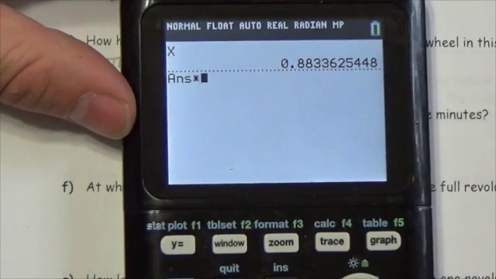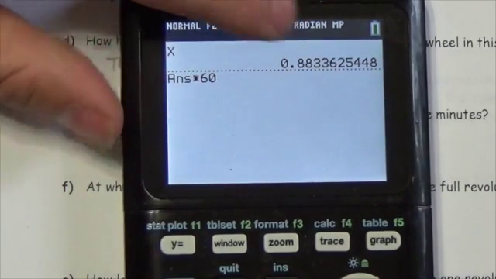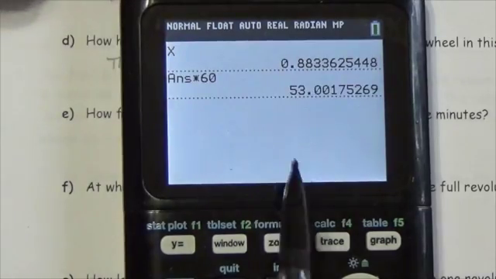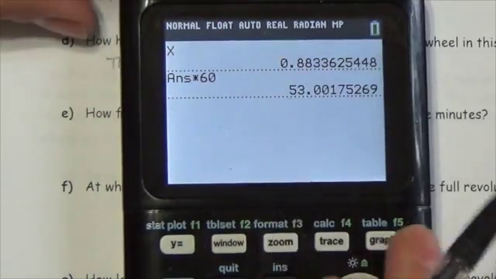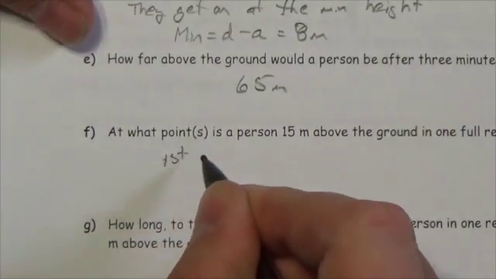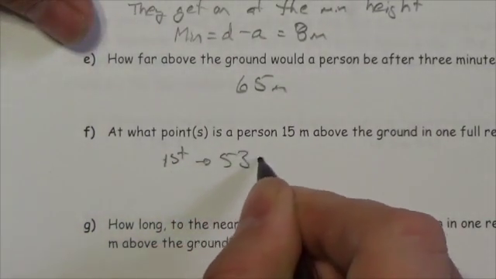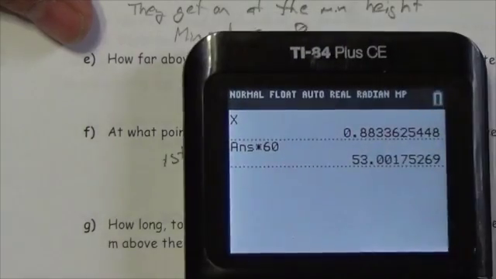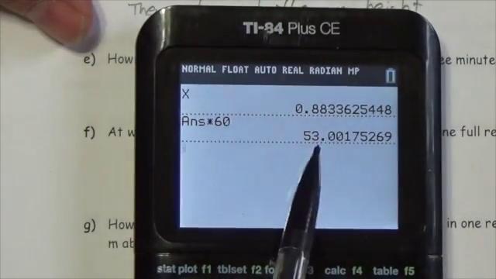So let's grab X, that's the value the calculator just had here, and convert this to seconds. Let's multiply this by 60, because there are 60 seconds in a minute. Oh, there we go. So the first time this is going to happen is at the 53-second mark. And that rounds really nicely to 53.